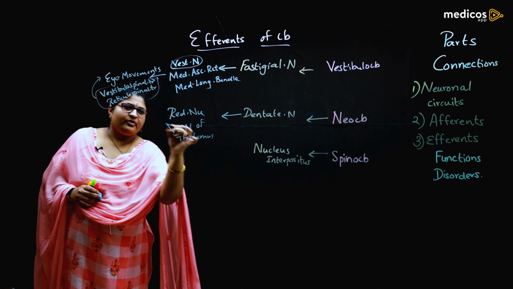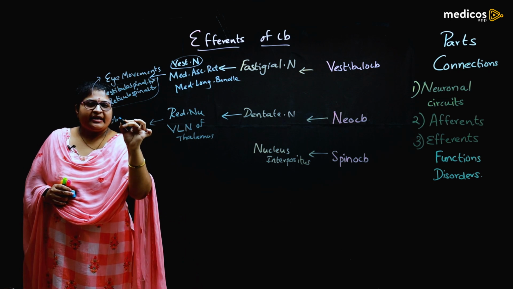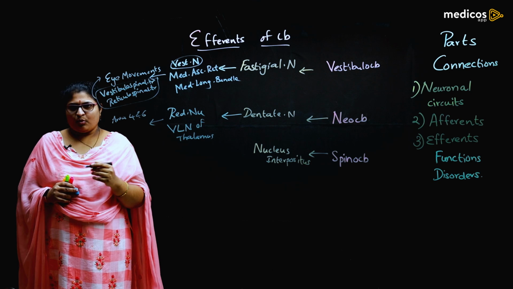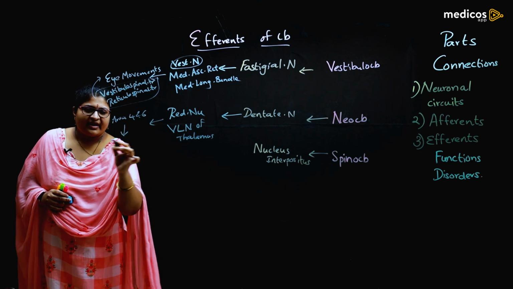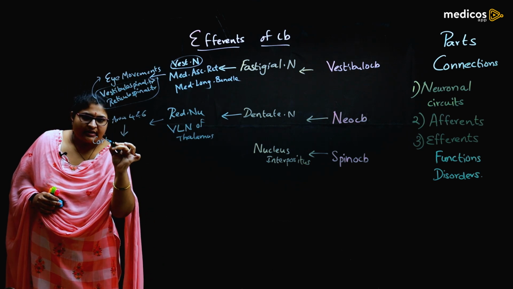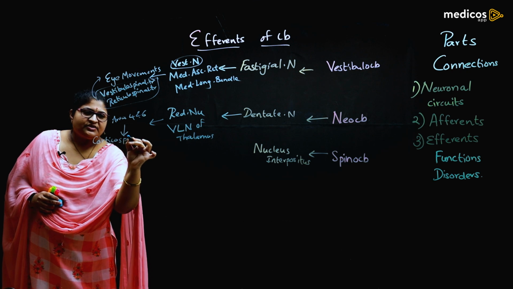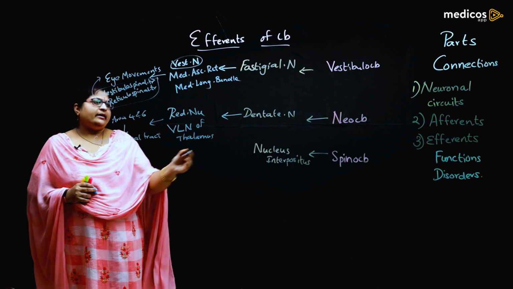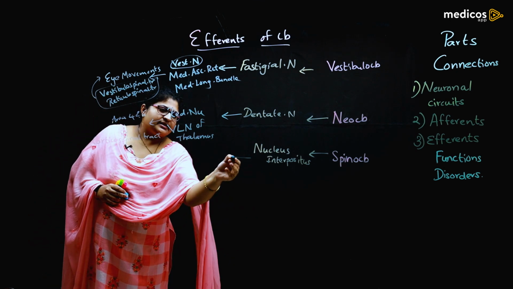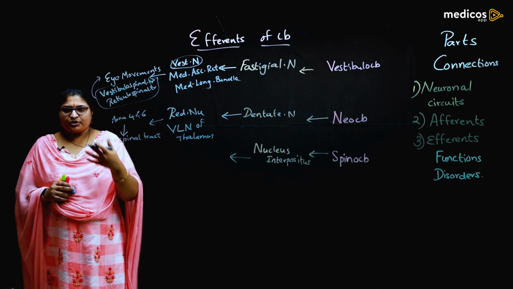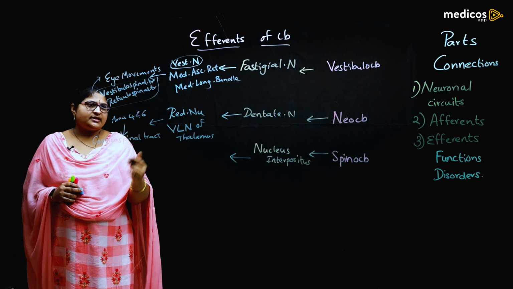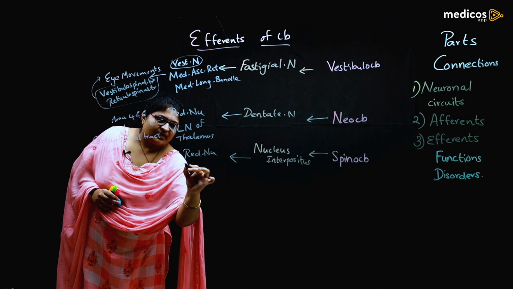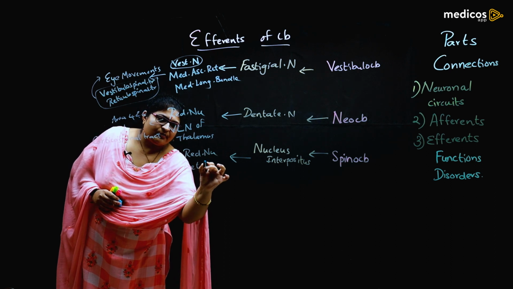From there, the information is going to area 4 and 6. So this area 4 and 6 is the primary motor cortex. Via this, it is controlling the corticospinal tract. And spinocerebellum is giving this information to the red nucleus and also the reticular formation.